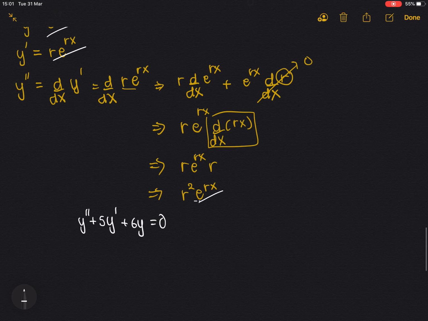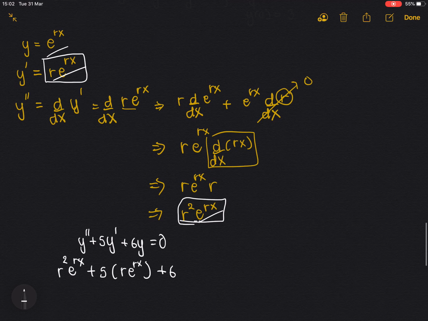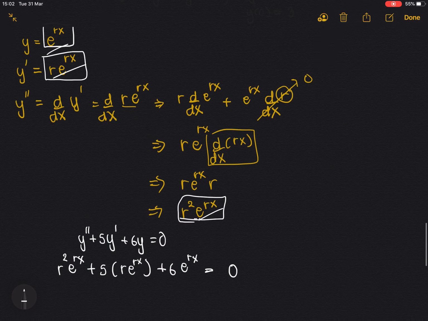So we know that y double prime is equivalent to this term, so we can substitute that, and also y prime is equivalent to r multiplied with the exponential of rx, and likewise the function y is equivalent to the exponential of rx, and that's equivalent to 0.